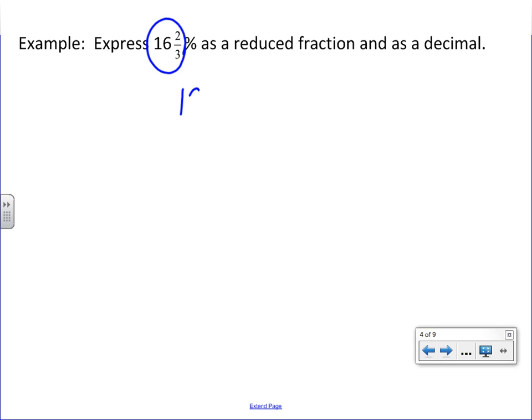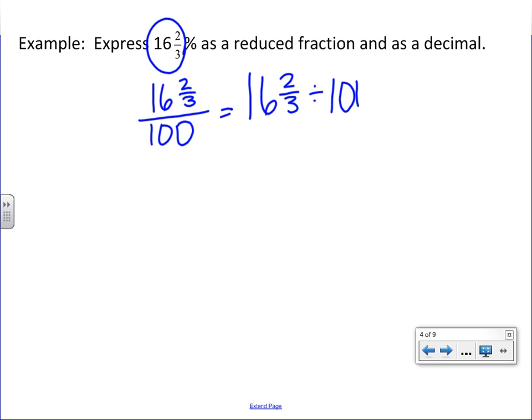So I have, whoops, that's not a 16. I have 16 and 2/3 percent. Well, this isn't going to last very long because you and I both know that we cannot write a fraction on top of a fraction and it be proper. So we're going to have to rewrite it as 16 and 2/3 divided by 100.